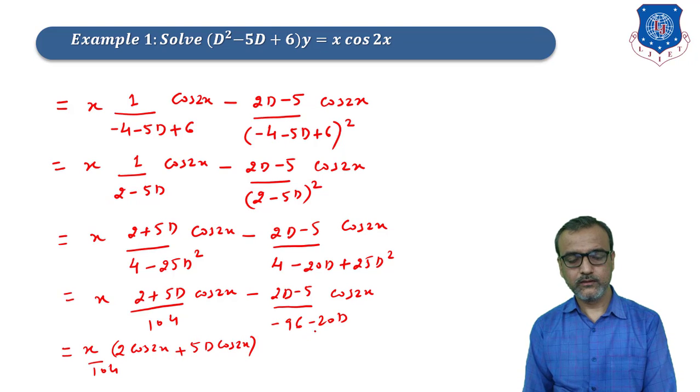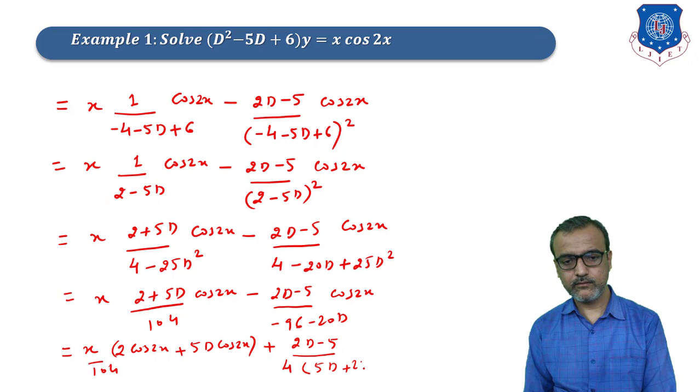Now from the denominator we will take minus 4 common, so minus minus plus. 2d minus 5 in the numerator will be as it is, and we have taken minus 4 common, so into bracket we have 5d plus 24 cos 2x.